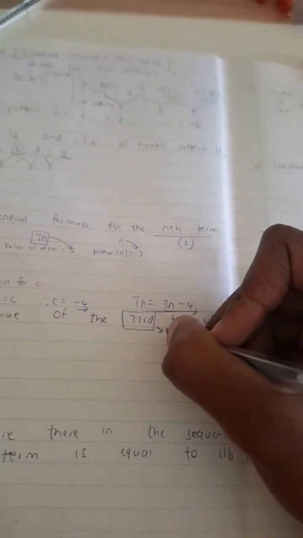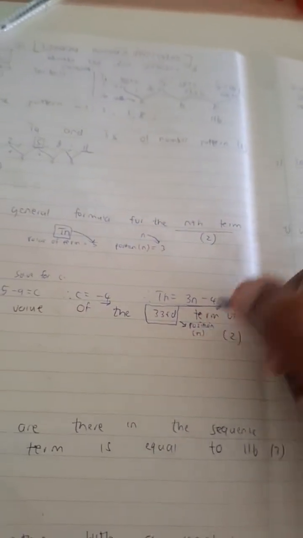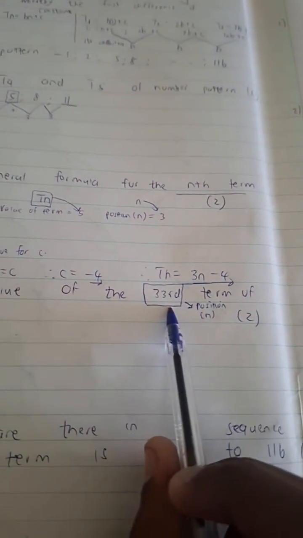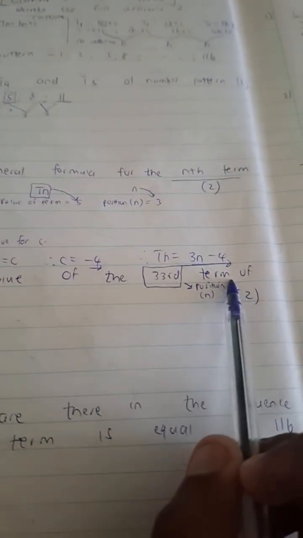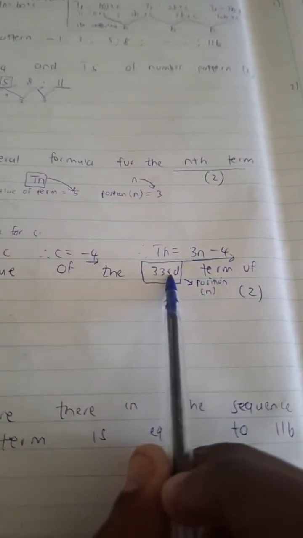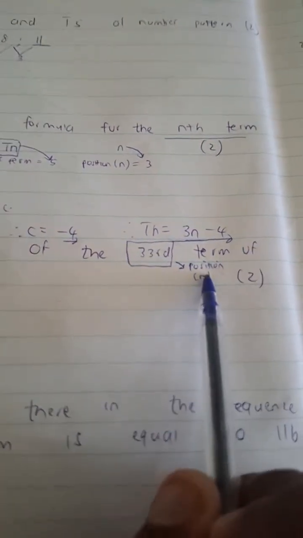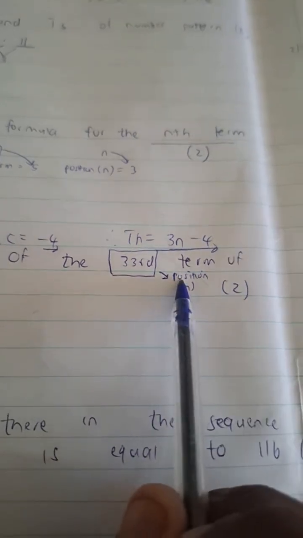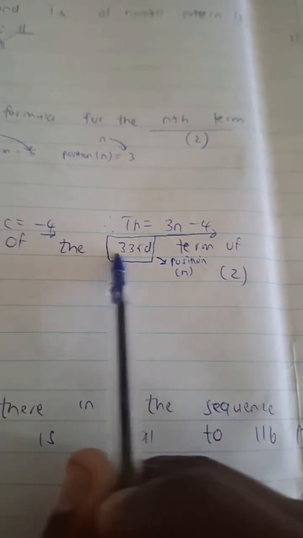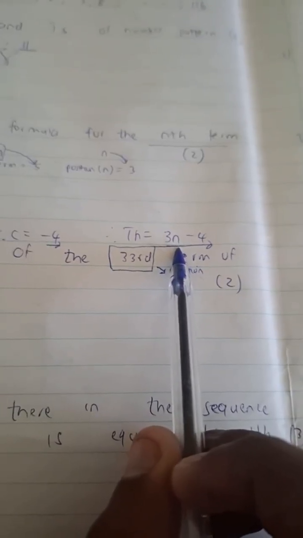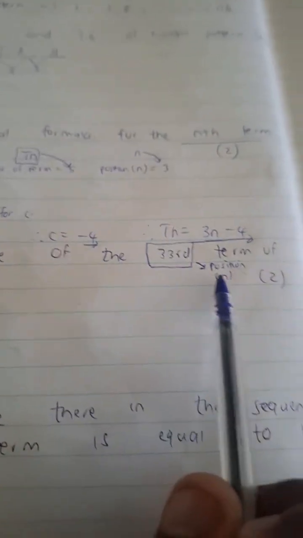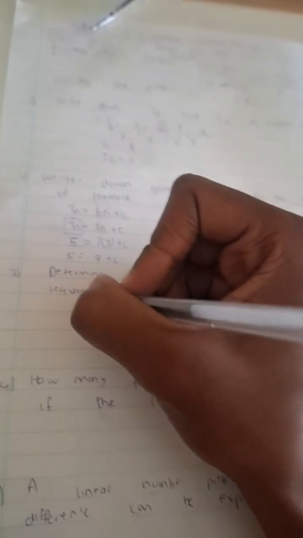And obviously that means we have the value of n. And what do we want? We want the value of the 33rd term. So what we are given by 33rd, we are given the position. In other words, we can slot in the place of n 33 in this general term, so that we can calculate the value of the 33rd term. So let's go.